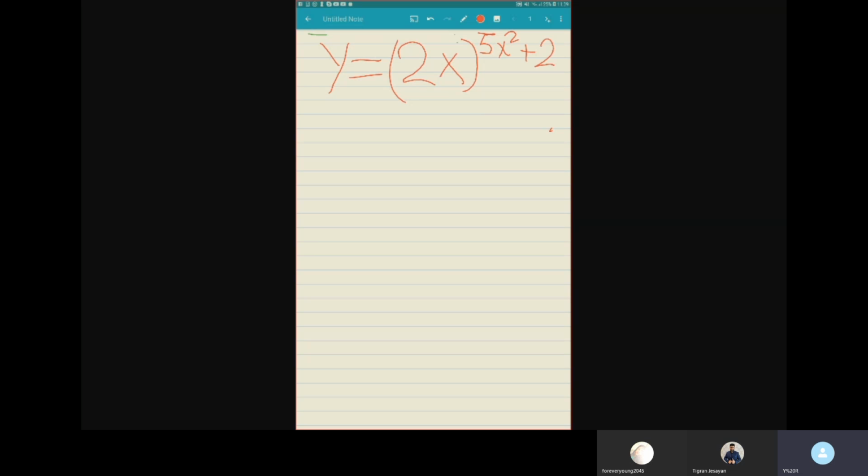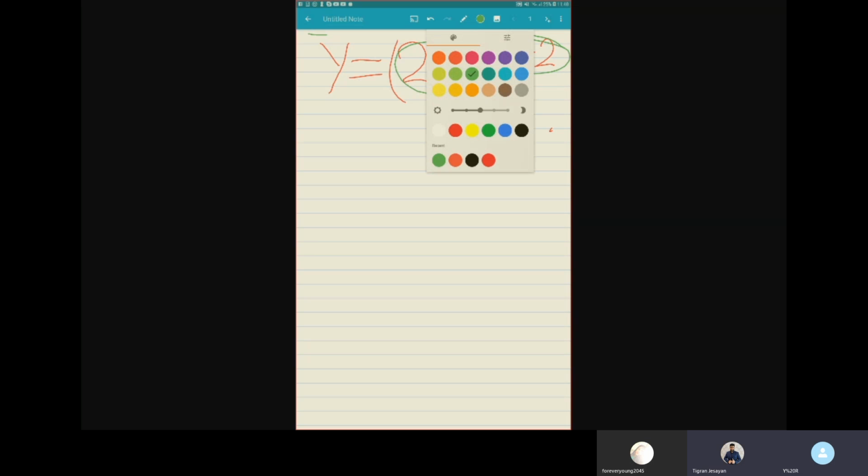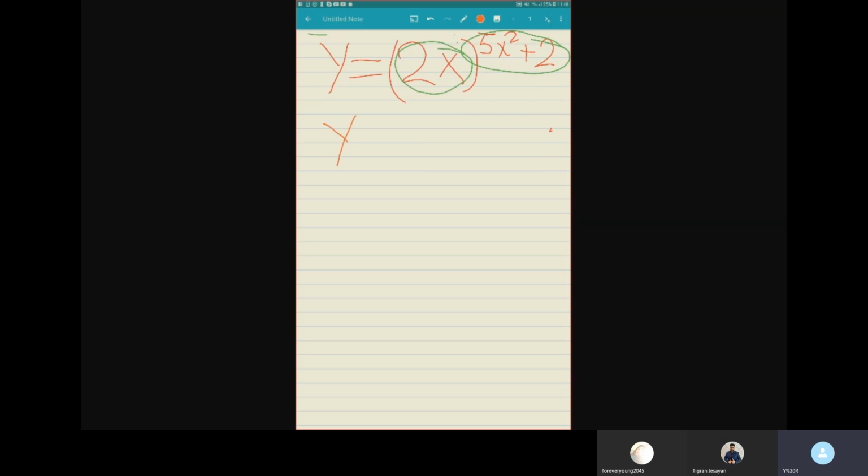You see, in this case, if you use the general rule of the derivatives that we learned last week, it is not possible to calculate, because you have one function which is 2x, and then on the power of this function, you have another function which is 5x squared plus 2. So, for example, we can also write this one as u to the power v.